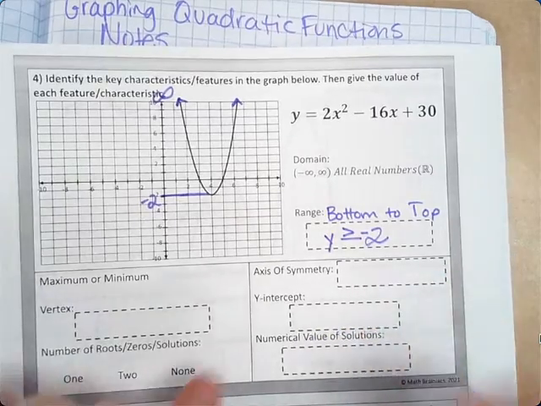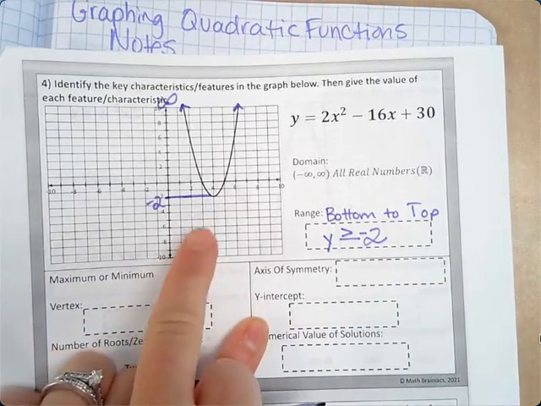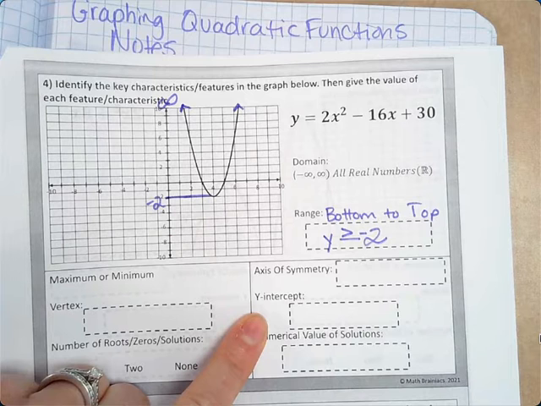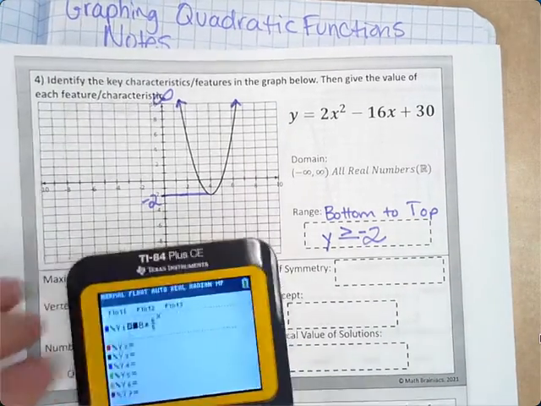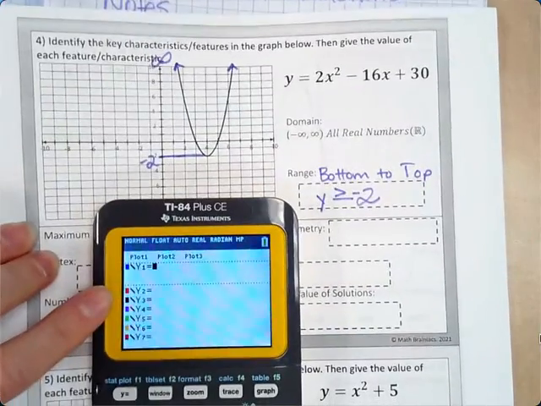The next thing I want to look at is y-intercept. Can we see a y-intercept on this graph? No. But is there one? Yes, eventually. So this is where we'll want to find or use our calculator. Let's go to our calculator and let's put it in.